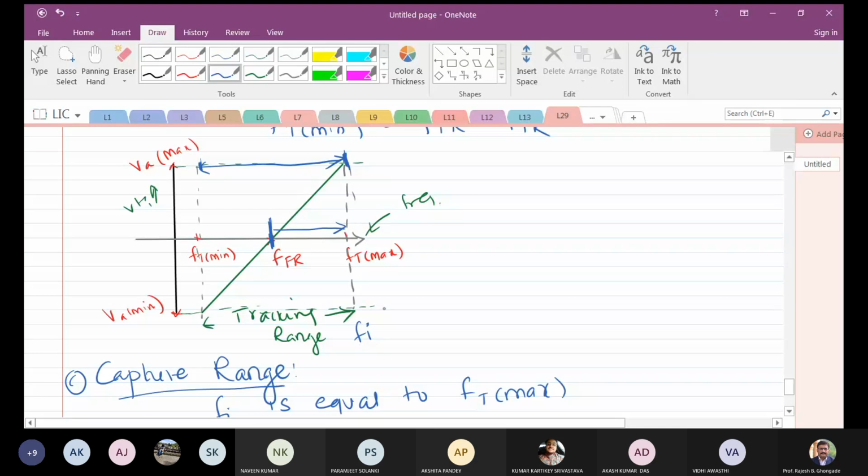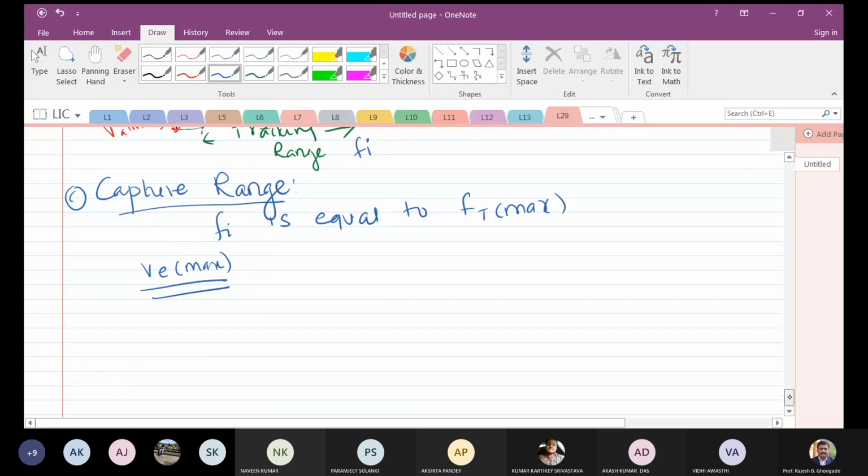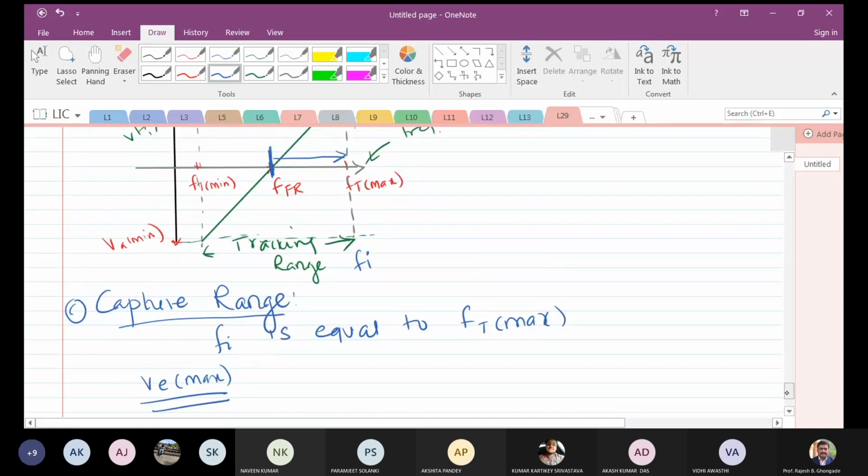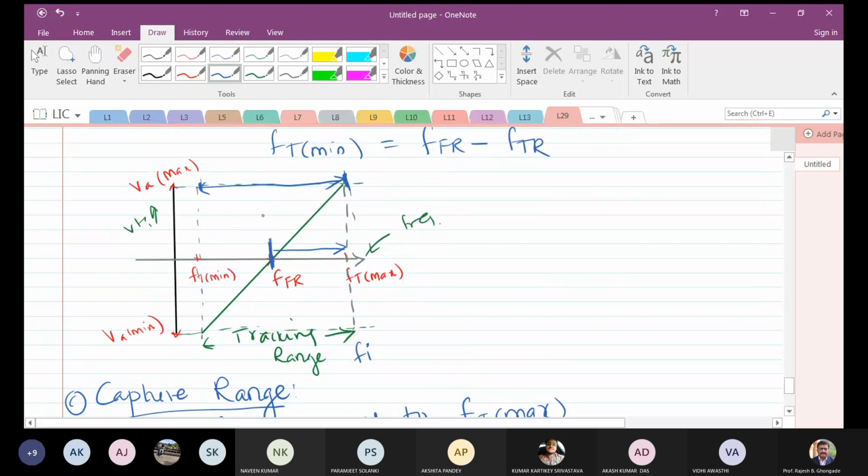The answer is no. And what is the reason why at the extremities it doesn't really happen? Because you are supposed to take the oscillator frequency right from this point to the extremity Ft max, where your Fi is, isn't it? Did you understand up to this point? And you can see here that this is the maximum VA or maximum voltage that has to be generated.